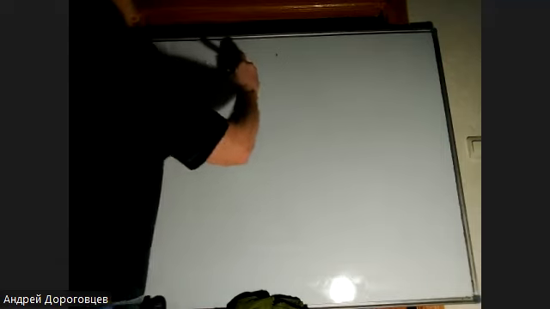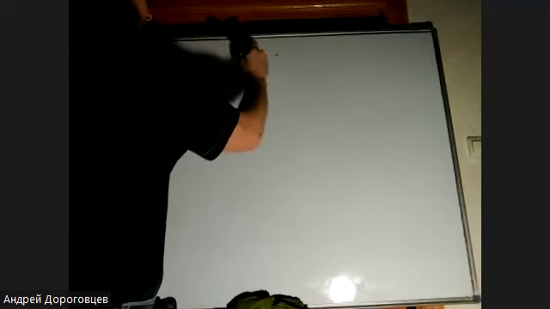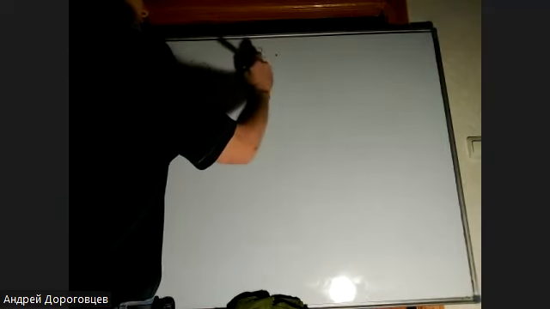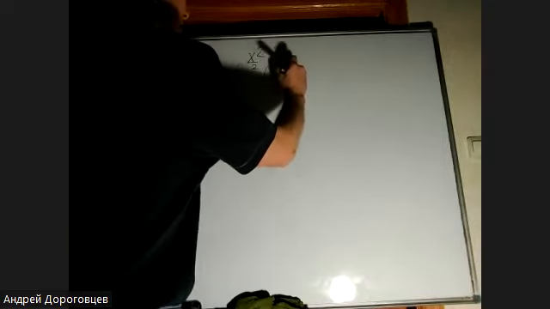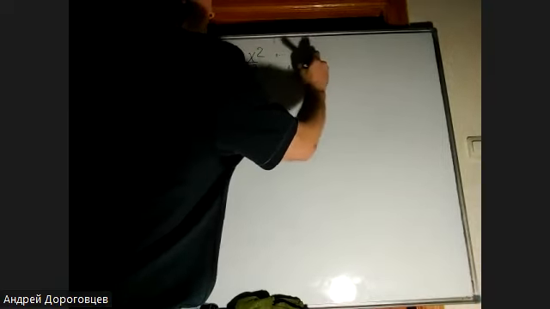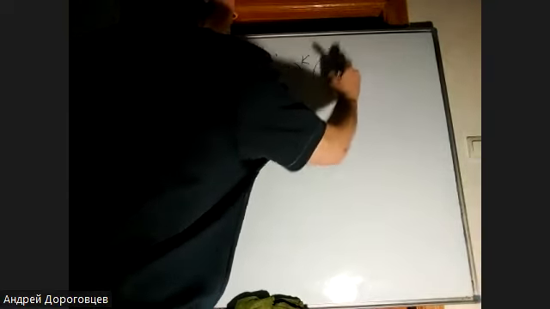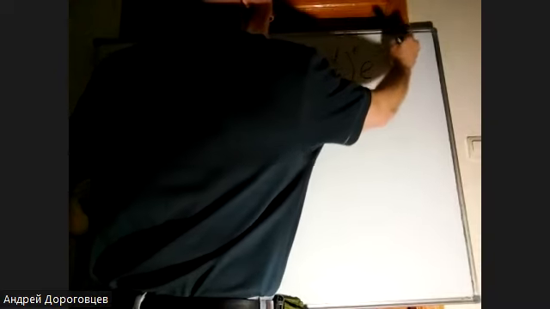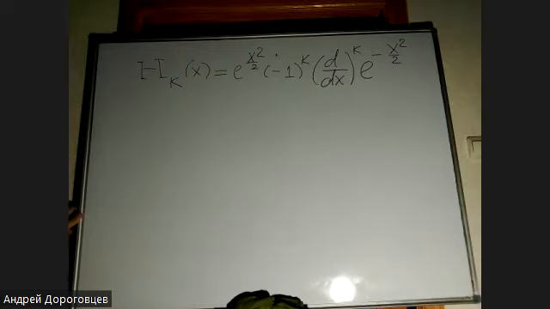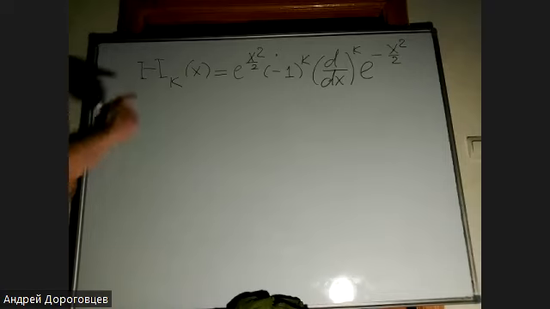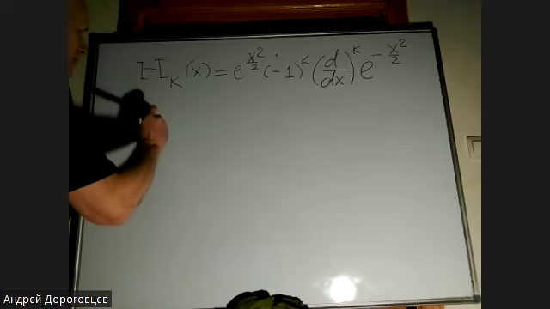h_k of x is equal to e to the x squared over 2, multiplied by (-1)^k, (d/dx)^k applied to e to the minus x squared over 2. And one of the important properties of h_k was the following.